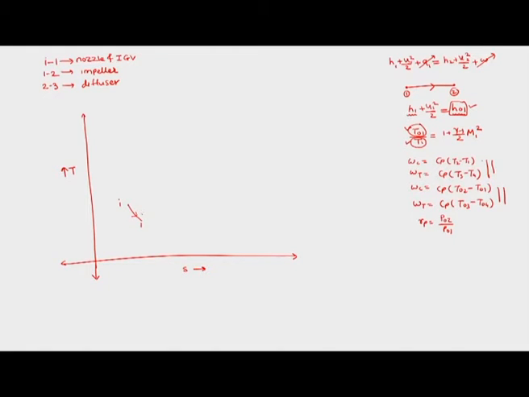From 1 to 2 the flow goes through the impeller, where we have a temperature rise, some part of the enthalpy rise happening in the impeller, and then 2 to 3 is the diffuser. So we have the nozzle plus inlet guide vane, the impeller, and the diffuser.